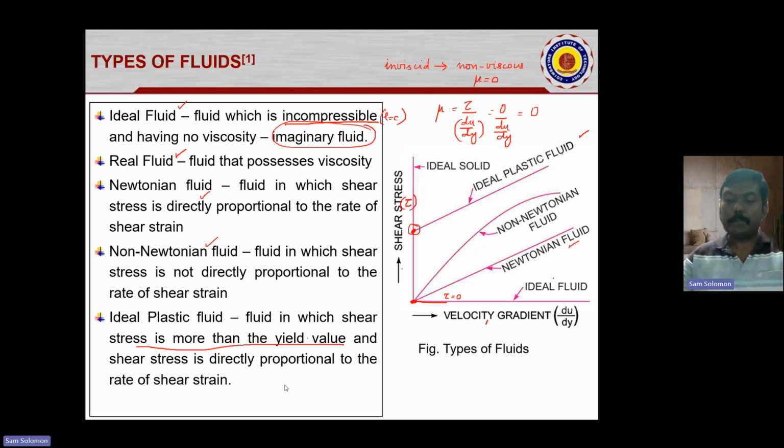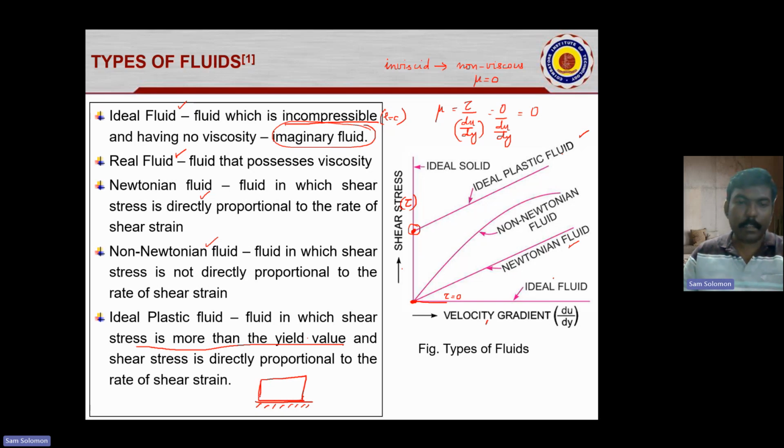So let me consider a surface, and this is a stationary surface, and that is what is indicated by this hatched line over here. I have got a rectangular element.